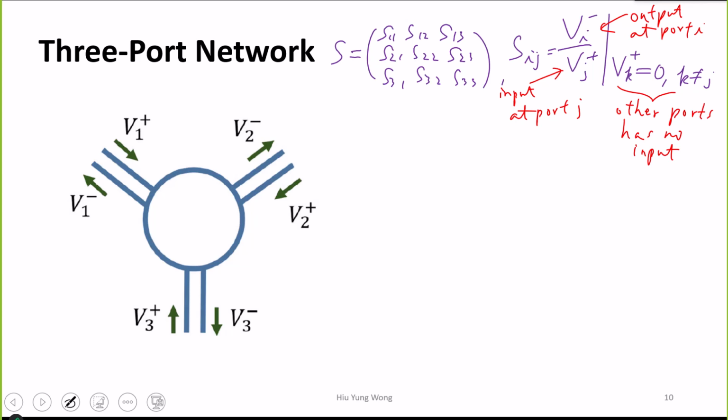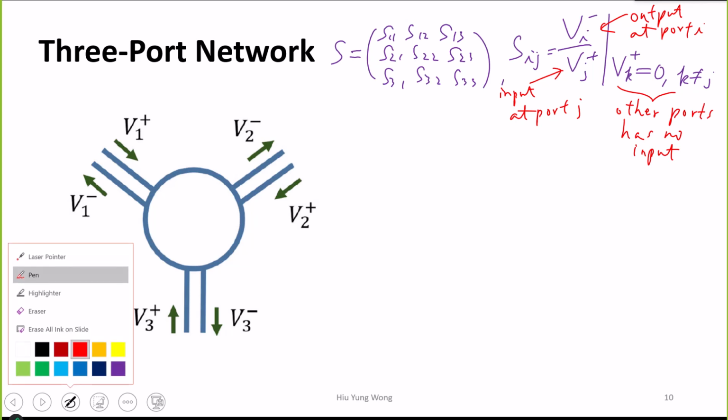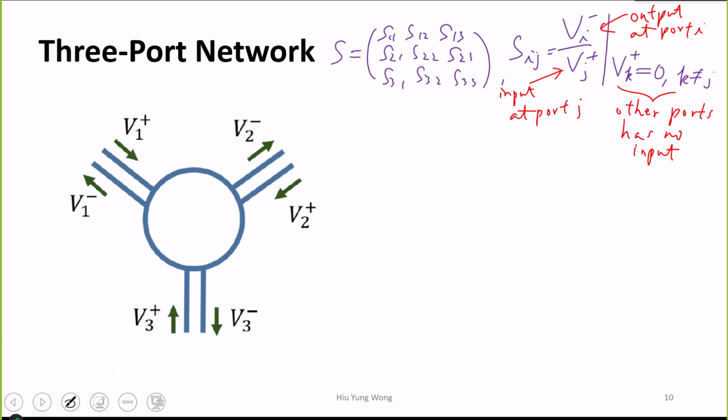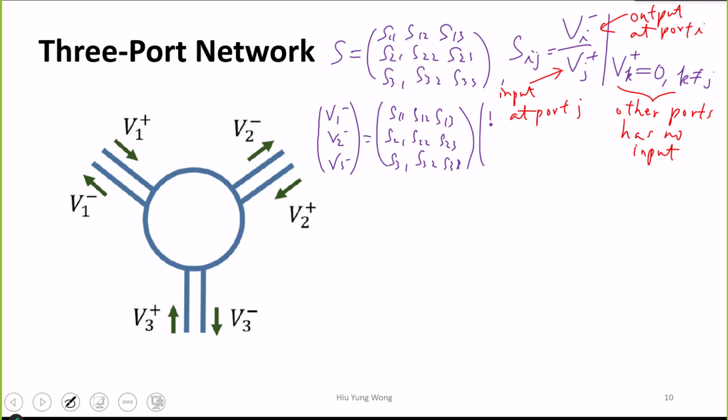If this is not easy to understand, we can take a look at how to use it. For example, what it's saying is that V1 minus, V2 minus, V3 minus equals S11, S12, S13, S21, S22, S23, S31, S32, S33 times V1 plus, V2 plus and V3 plus.